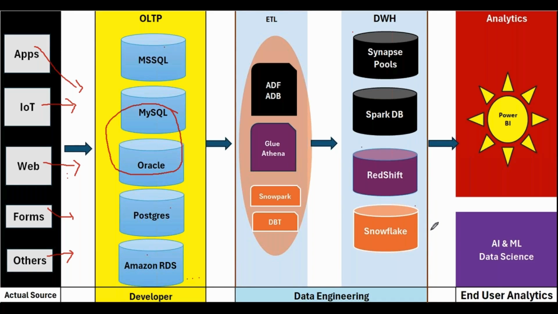These warehouses can collect the data from OLTP on a regular basis using ETL tools, extract, transform, load tools. We have Azure Data Factory, Azure Databricks, Amazon Glue, Amazon Athena, open source Snowpark and DBT, data build tools.